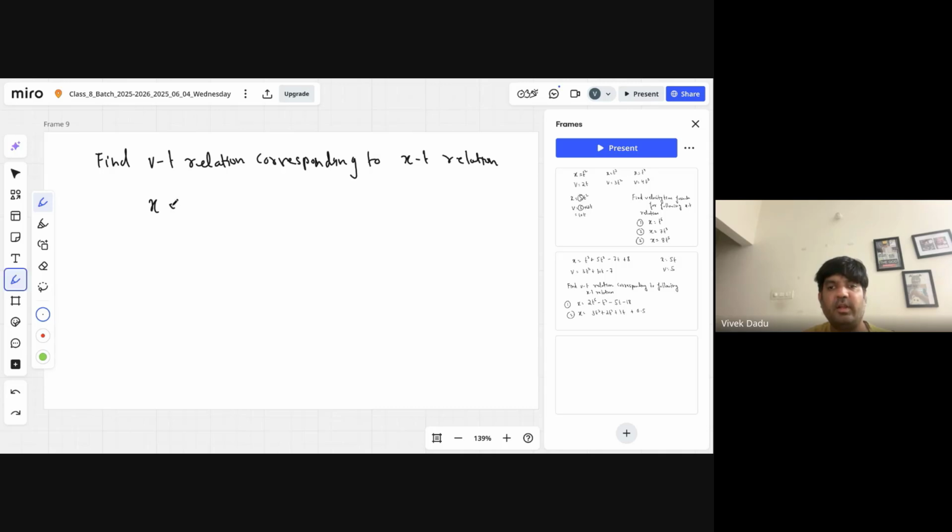X equal to 1 upon t. Now find the VT relation. Logic remains exactly similar to the last one. No. No, Rian.